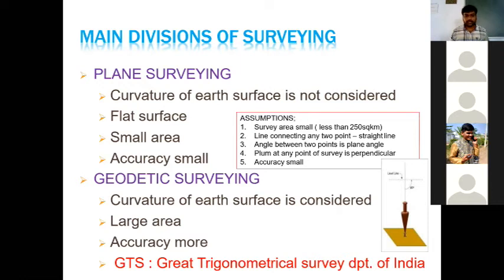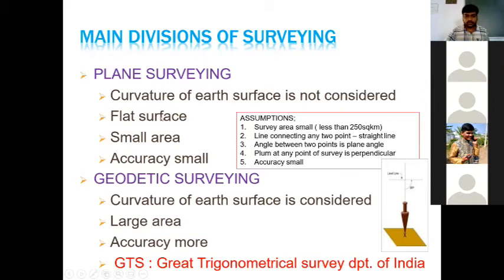If you go somewhere where construction is happening around you, just go and observe there. They make use of this plumb bob to see the verticality of any structure. So this plumb bob should be perpendicular at any point of survey.